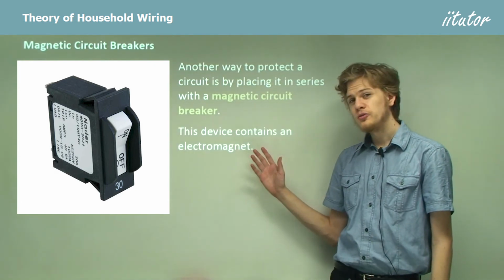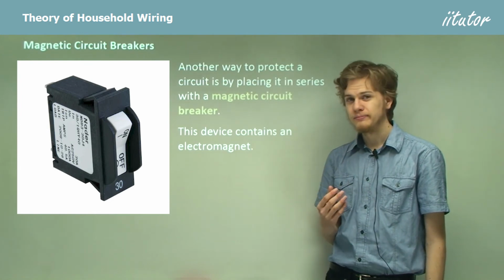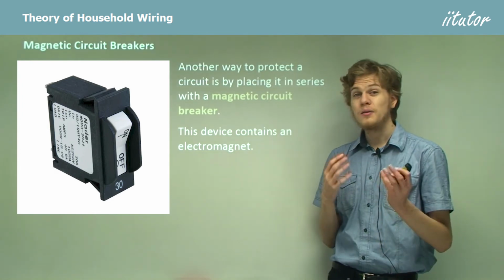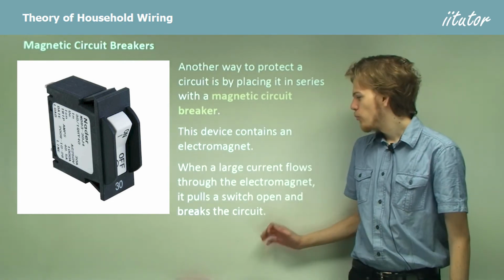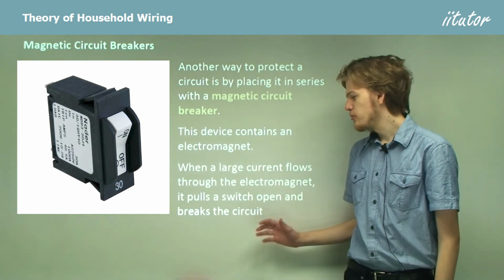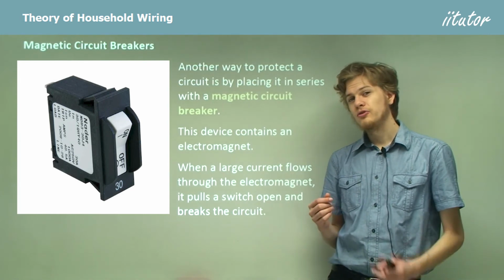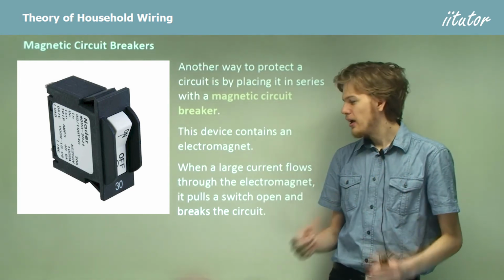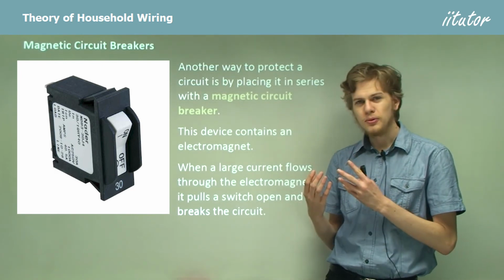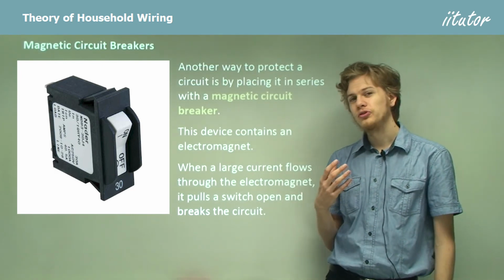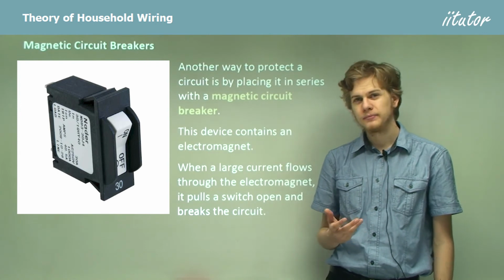So a magnetic circuit breaker contains an electromagnet. An electromagnet is a bit like a magnet, but it can be switched on and off with electricity. When a very large current flows through, the electromagnet acts very strongly and pulls a switch open. When the electromagnet pulls the switch open, then current will obviously stop flowing through the circuit.